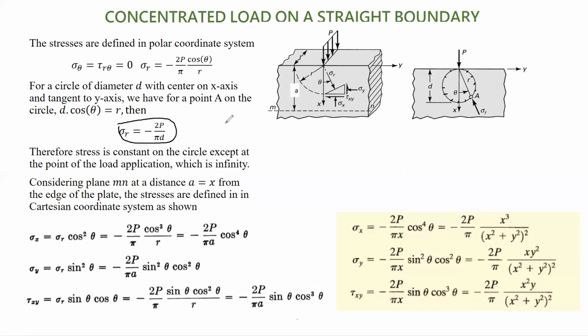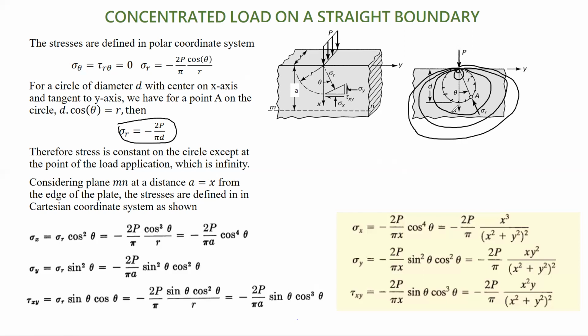If a concentrated load is applied at that point, we generate stresses that keep decreasing if larger circles are selected. On this circle, on that circle, on that circle. And as the circle becomes smaller and smaller, the radial stresses are larger.